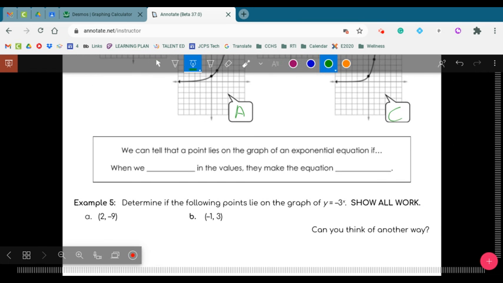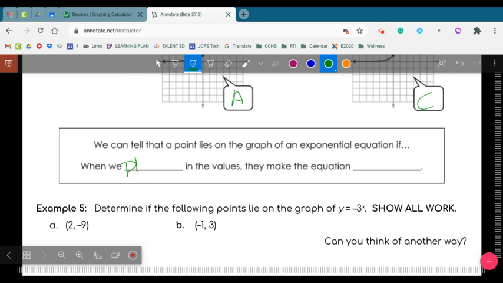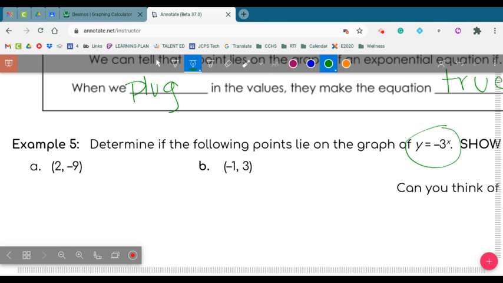Okay, we can tell that a point lies on the graph of an exponential equation if, when we plug in the values, they make the equation true. That's how it lies on the line. On these, I am okay if you type this into your calculator and get your table, but I'm going to show you both ways. Either show your table with those points on it or plug it in.